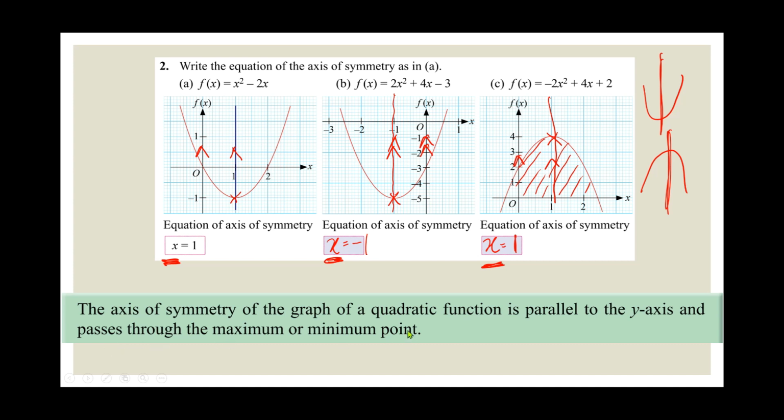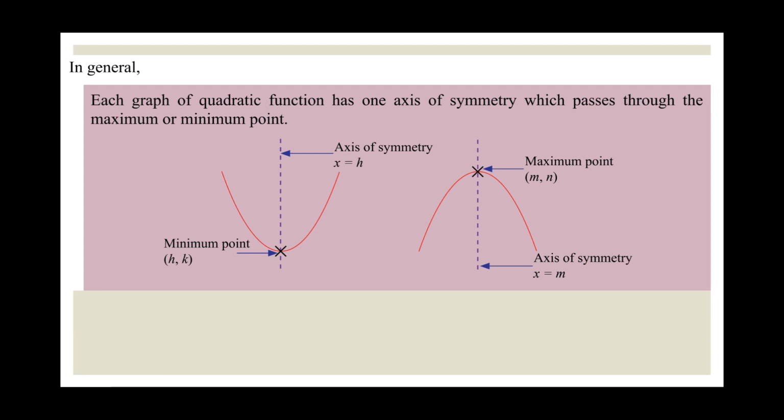Okay, I think we are reaching almost the end here, so we look at the next slide. In general, each graph of a quadratic function has one axis of symmetry, which passes through the maximum or minimum point. So if this is the axis of symmetry, and the minimum point is (h, k), then you can determine the axis of symmetry already.